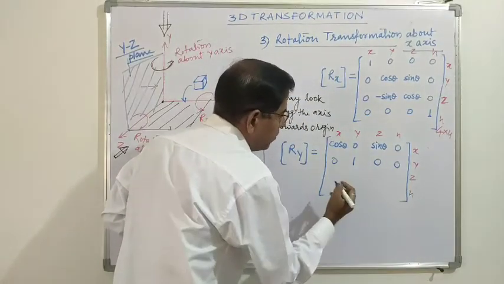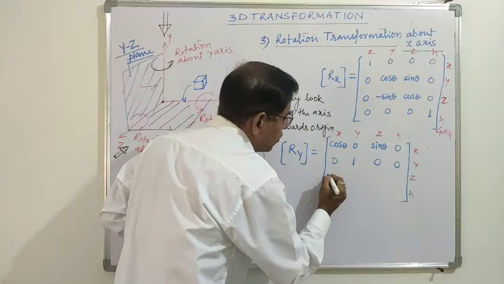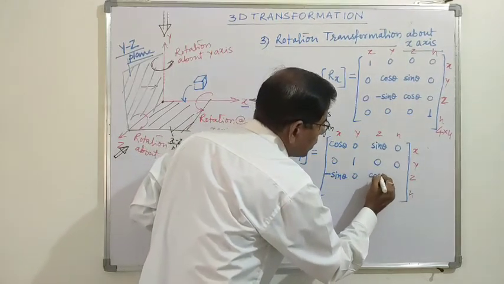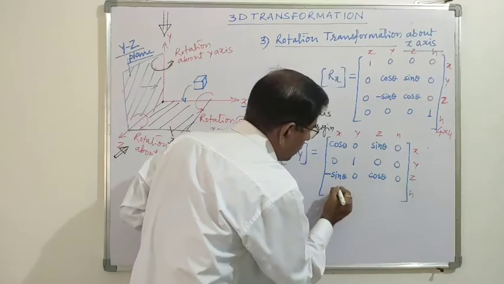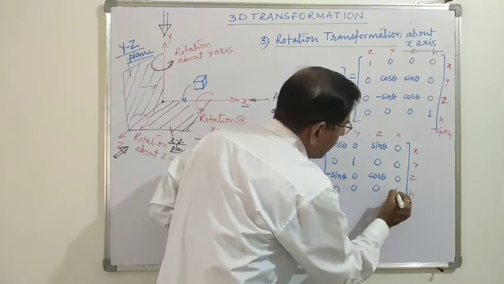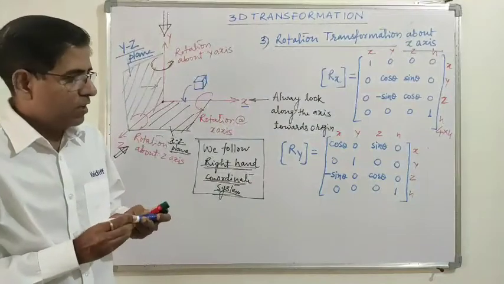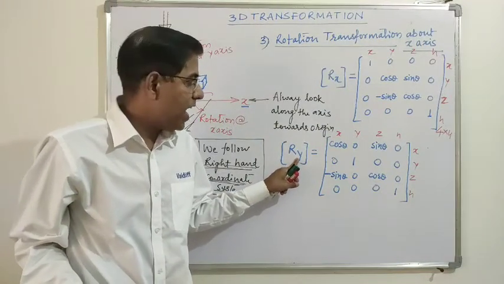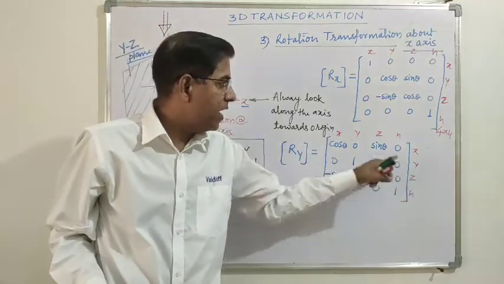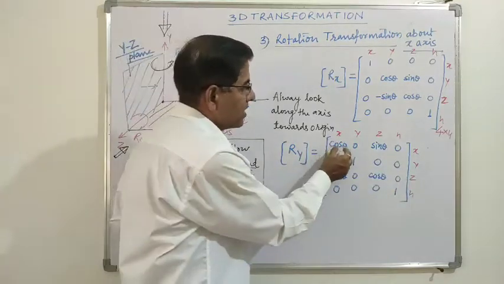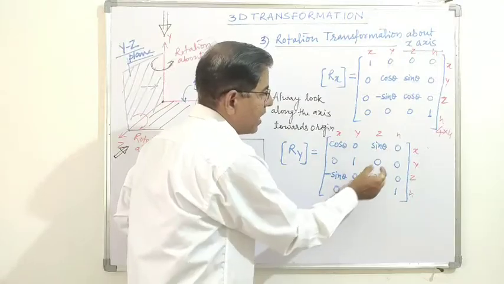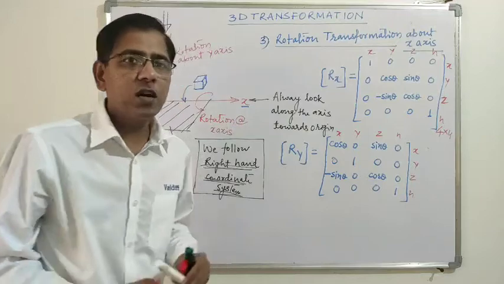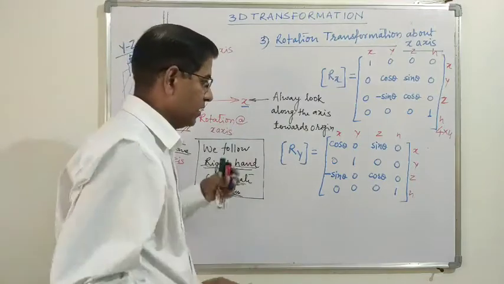Then in z places, minus sin theta 0 cos theta 0, and 0 0 0 1. So rotation about y-axis means the rotation is happening in the xz plane, and that is why we have kept the cos theta and sin theta functions at x and z places. So this is the rotation about y-axis matrix.